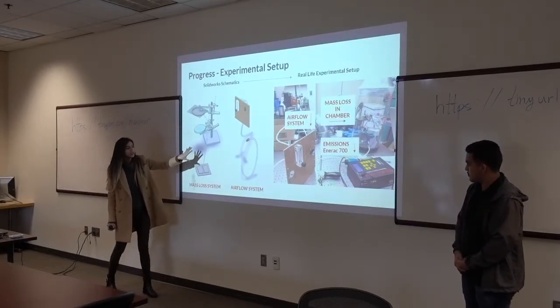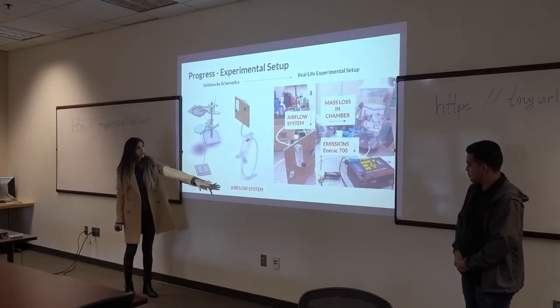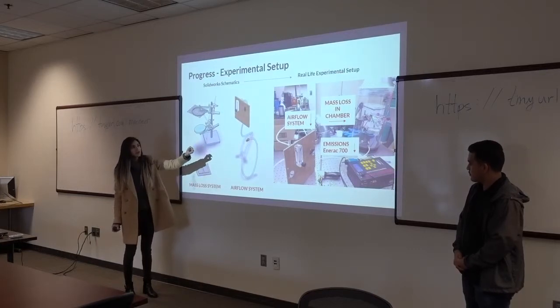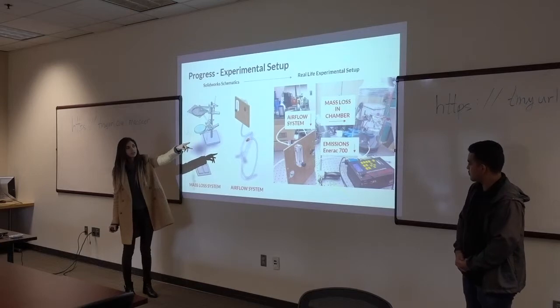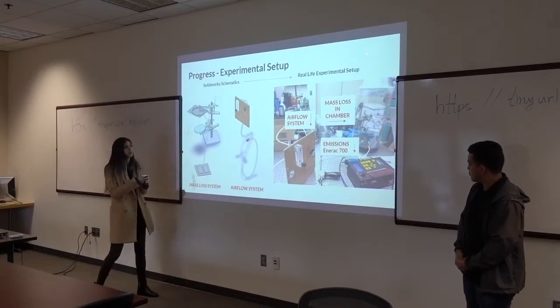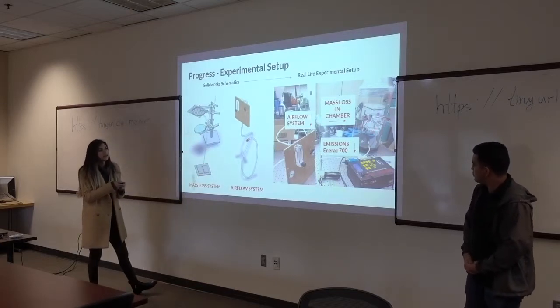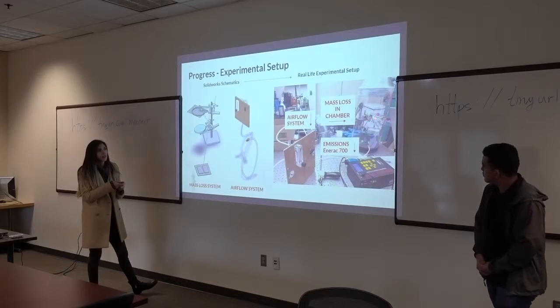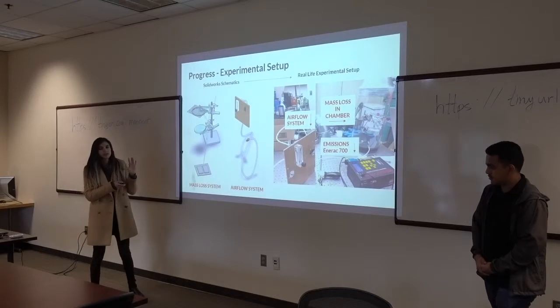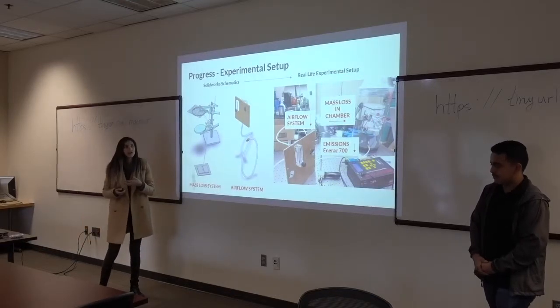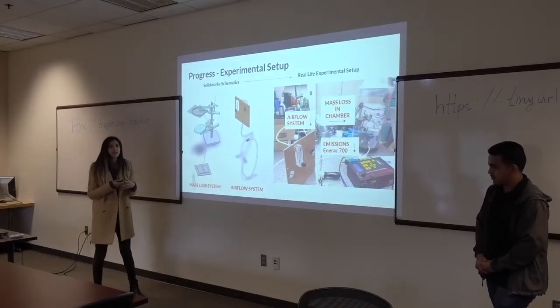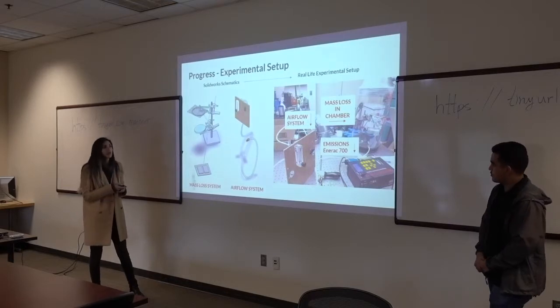In addition, there's an airflow system that will provide air into the combustion chamber as seen here. We also have gel ethanol, which is one of our fuels. It's a substitution fuel for methane hydrate because it has similar properties and it's readily available, so we use that to get data for analysis.